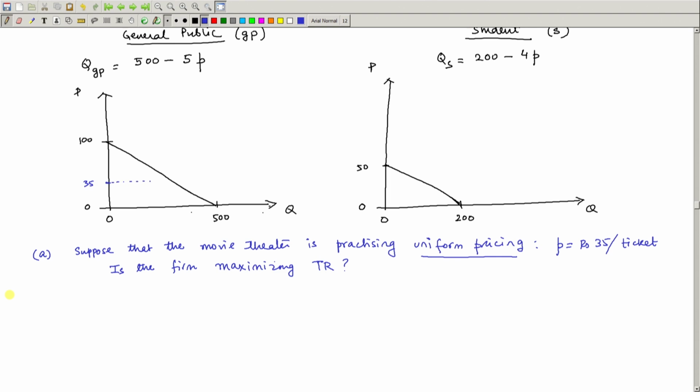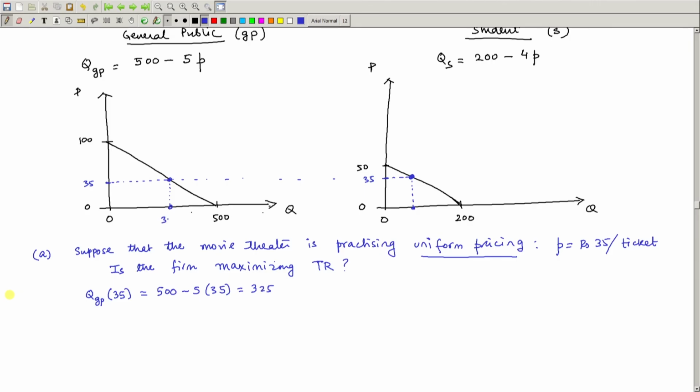What I want to know is at a price of 35 rupees per unit, how many tickets are purchased by this group, and at a price of 35 rupees per ticket, how many tickets are purchased by this group. Using the demand functions, the number of tickets purchased by the general public when the price is 35 rupees per ticket is 500 minus 5 times 35, which turns out to be 325.